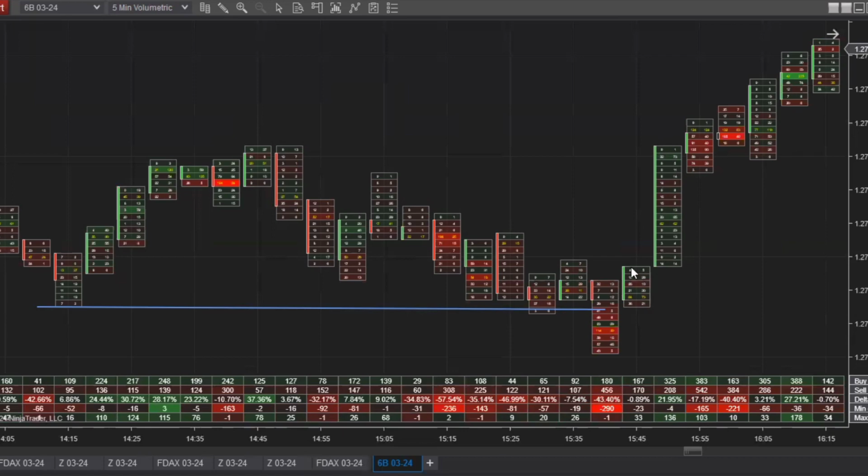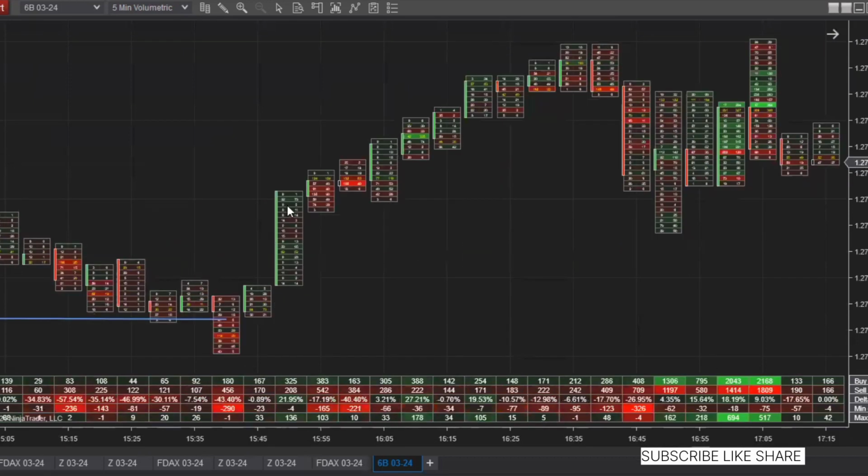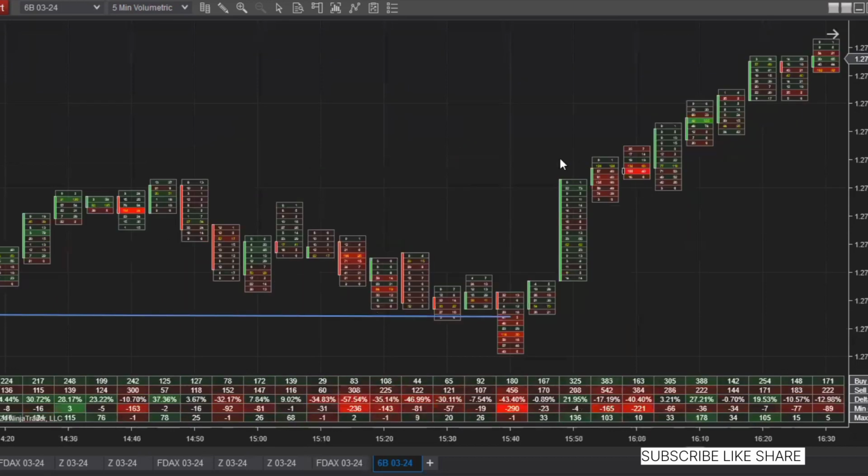So this area is good, and this area is also good. But if you ask me, I'll prefer this candle here, because this shows that the buyers are actually in, when we have the buying volume more than the selling volume, and we have the maximum delta more than the minimum delta. So from there you can actually gain some pips, and it can also be more than that.